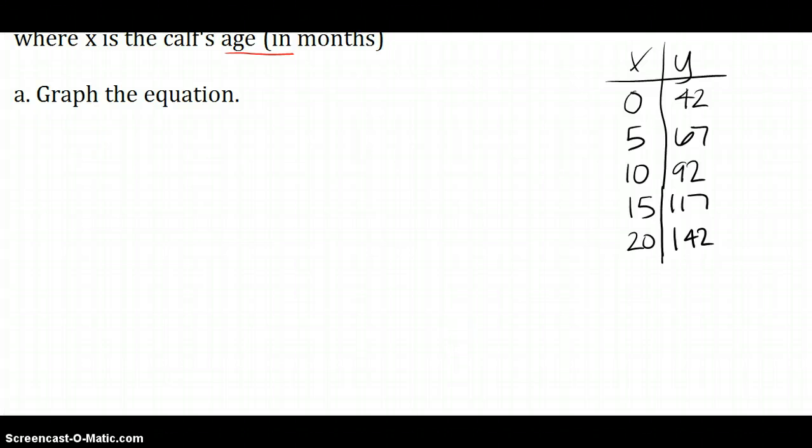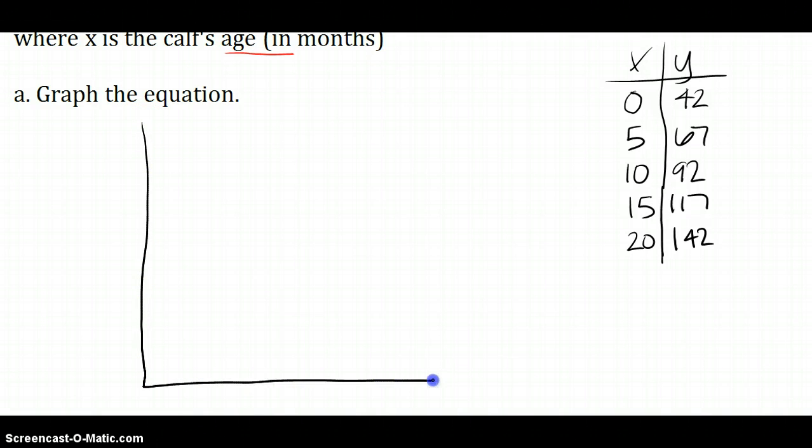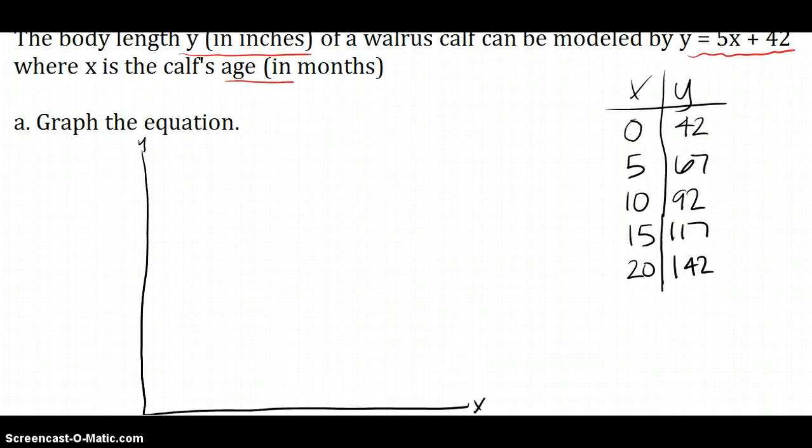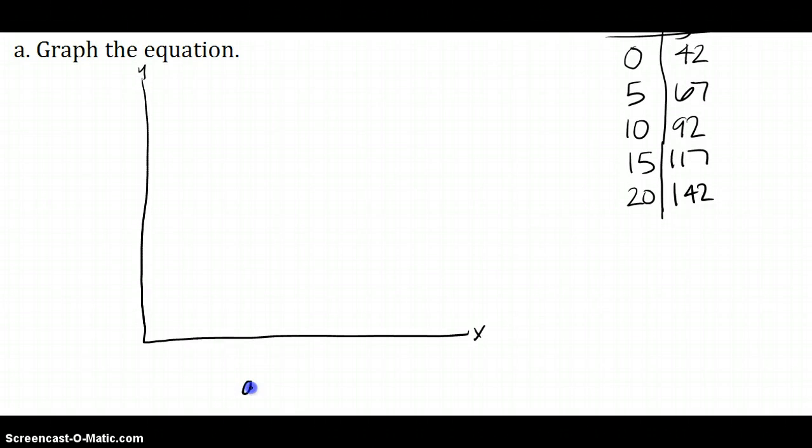So now to make the graph, we only care about this first quadrant because we don't have any negative numbers. Our x's were the calf's age in months, and y was the length of the calf in inches.